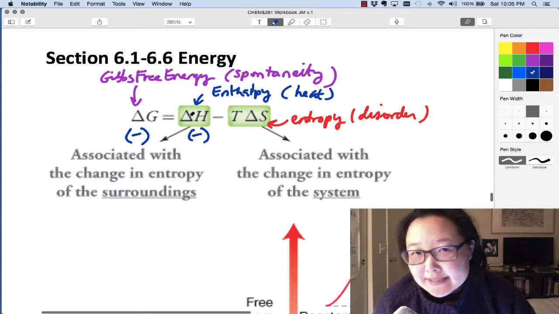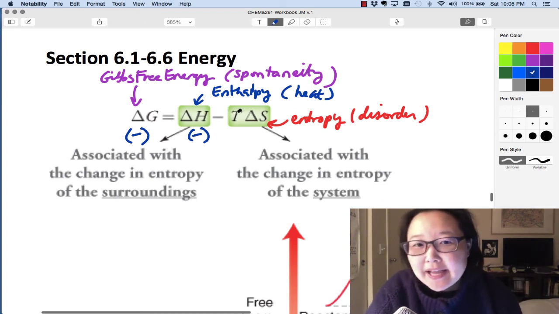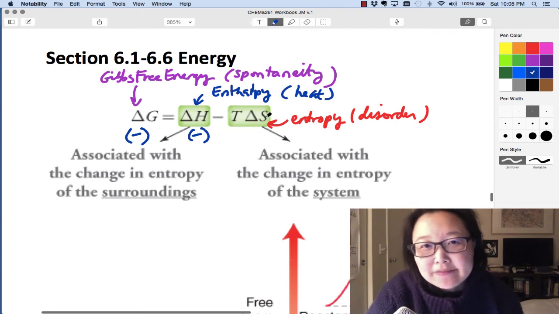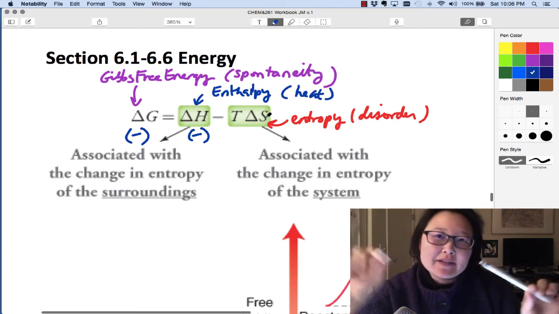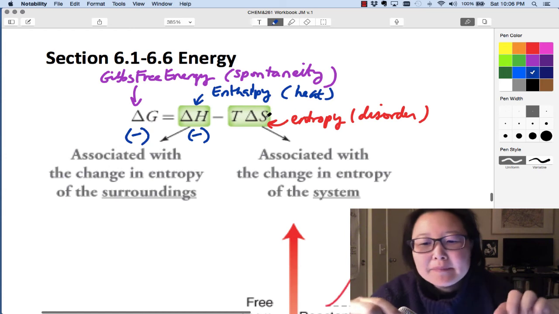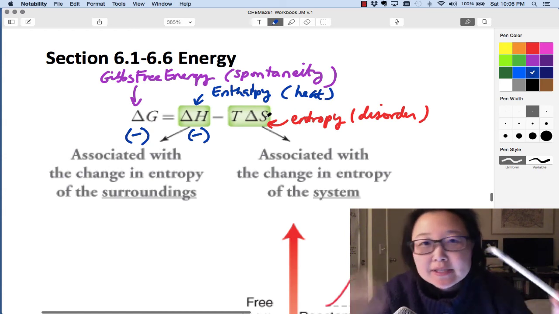But it doesn't necessarily mean it has to be that way, because we have these terms as well which can influence spontaneity. So we have temperature and we have something called entropy. And many people just think of entropy as disorder. If I start with one molecule and it dissociates, I've increased the entropy of the system. So another way to think of it, though, is it's all the ways you can distribute energy.